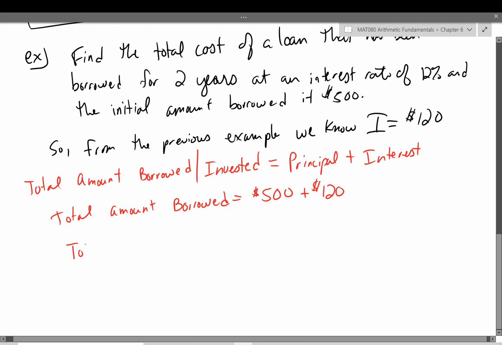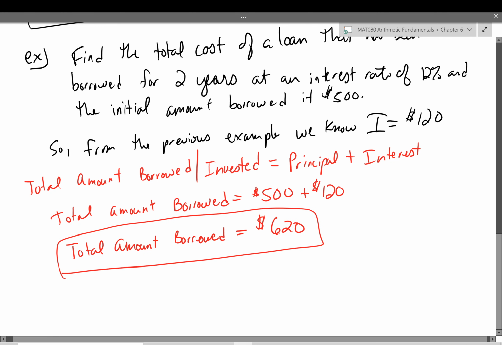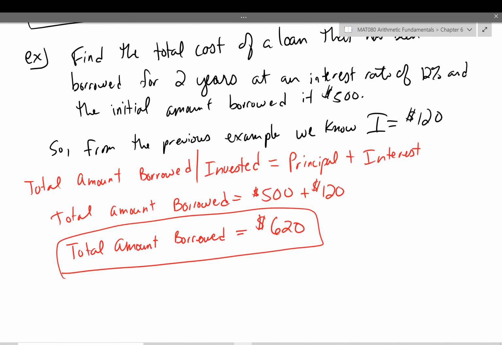So the total amount borrowed is equal to 500 plus 120, which is $620. Okay? And that's it. It's not too bad.